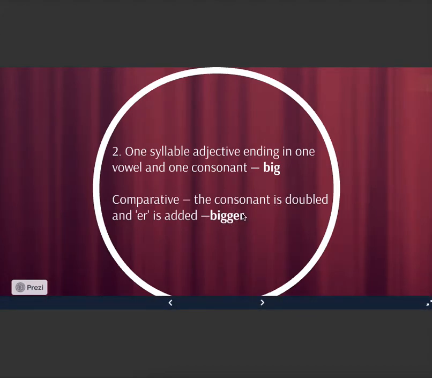Y luego, ¿qué hicimos? Pues pusimos la terminación er. ¿Por qué? Porque es un adjetivo de una sola sílaba. Big, bigger. So remember, consonant, vowel, consonant is going to make the last consonant double. Okay? And then you just have to add er.